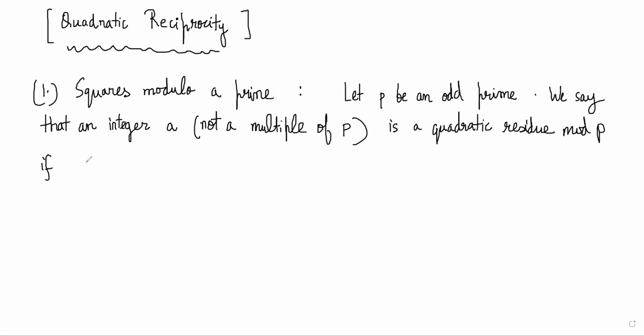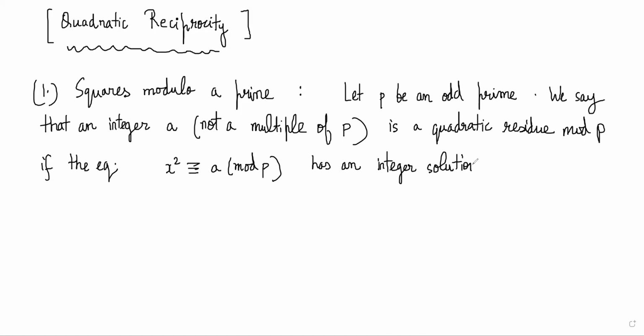if the equation x square is congruent to A mod P has an integer solution. We have talked about quadratic residues earlier. If x square is congruent to A mod P has an integer solution, then A is a quadratic residue.